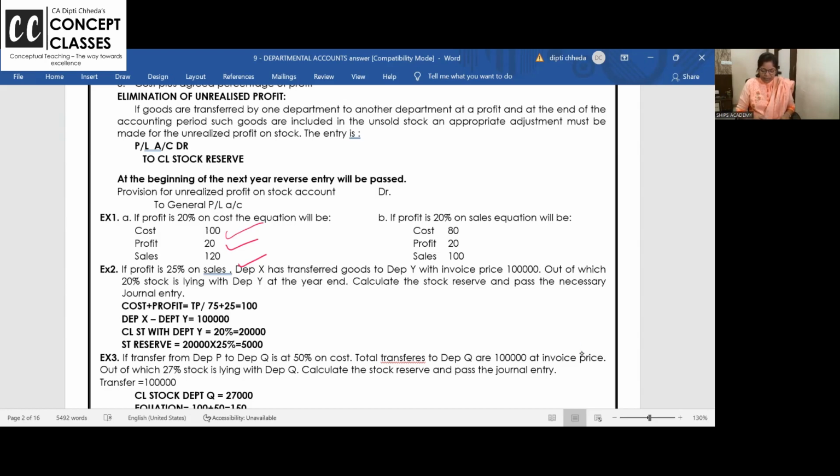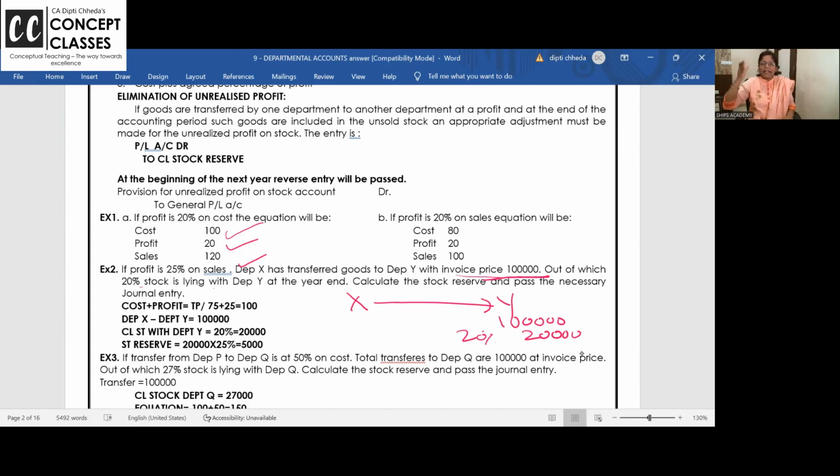If profit is 25% on sales, then department X has transferred the goods to department Y with invoice price 1 lakh. Out of which 20% is lying with Y; in Y's 20,000 stock, my profit is there.